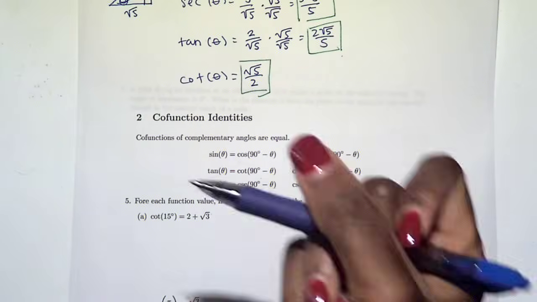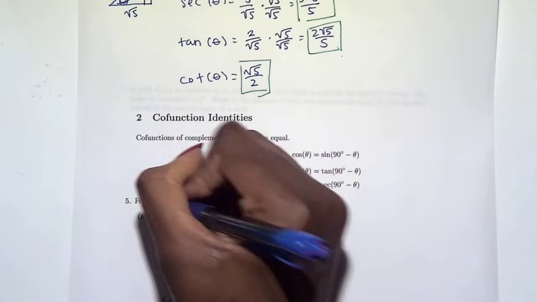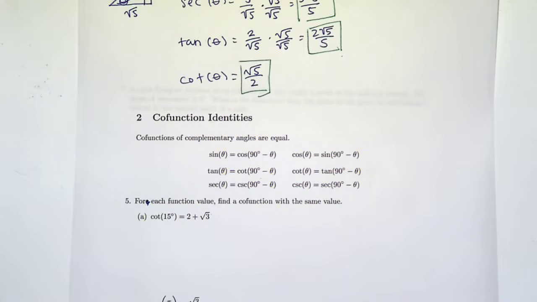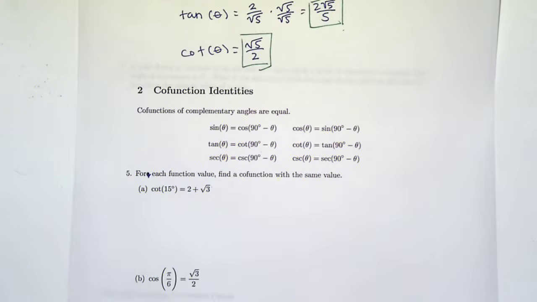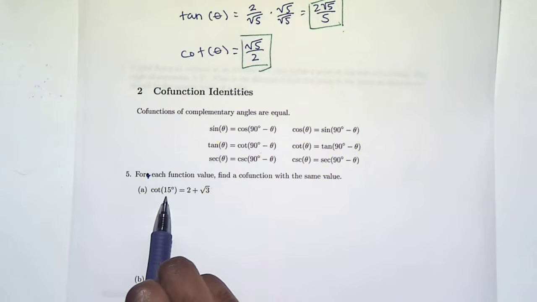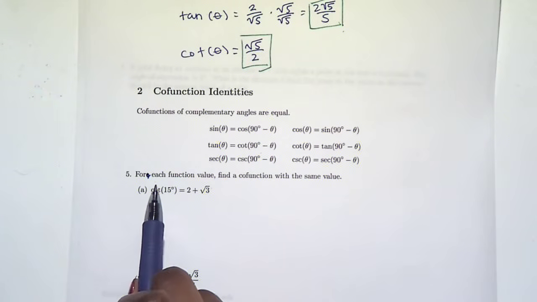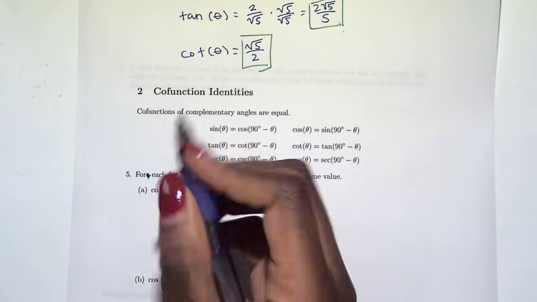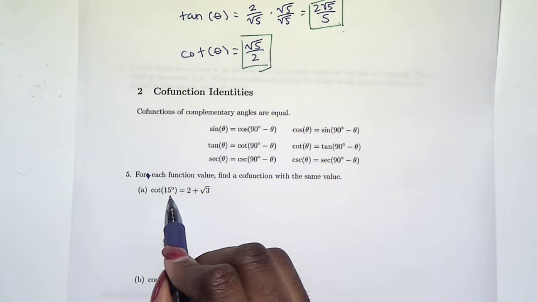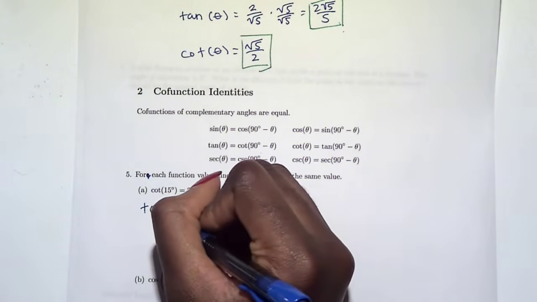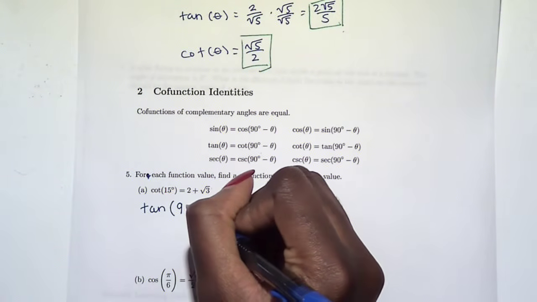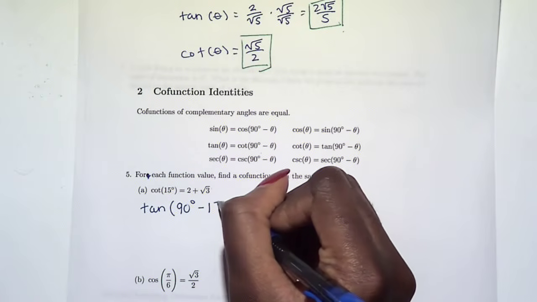So it says, here's a little typo, for each function value, find a cofunction with the same value. So we're given cotangent of 15 degrees. Well, what's a cofunction to cotangent? That would be tangent. So cotangent of 15 degrees should be the same as tangent of 90 degrees minus 15 degrees.